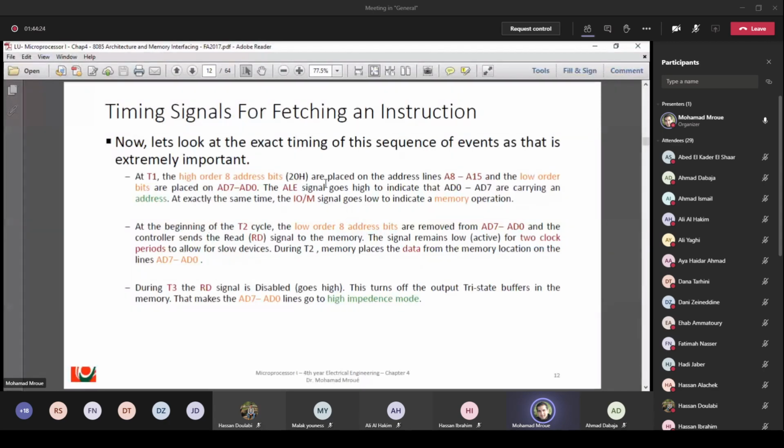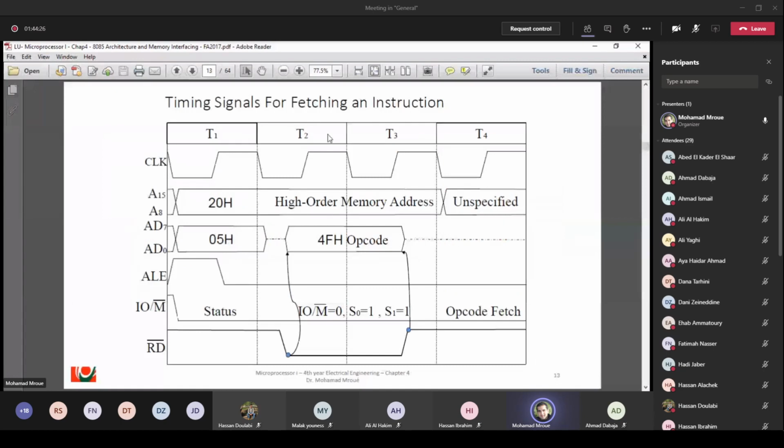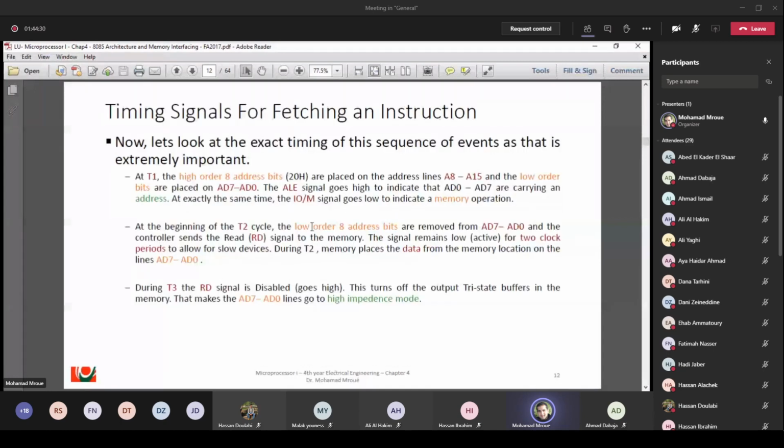At the beginning of the T2 cycle, the low-order 8 address bits are removed from AD7 to AD0, and the controller sends the read signal to the memory. The signal remains low for 2 clock periods to allow for slow devices. For slow devices we have 2 periods just waiting for the memory to perform a correct read operation.